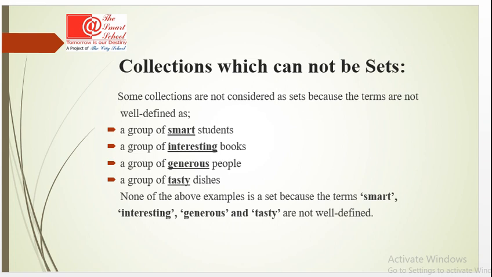There are some collections which cannot be considered as sets because the terms are not well defined, such as a group of smart students, a group of interesting books, a group of generous people, a group of tasty dishes.